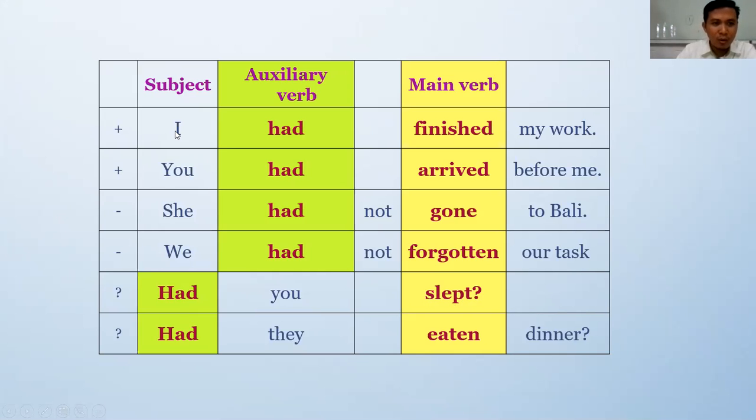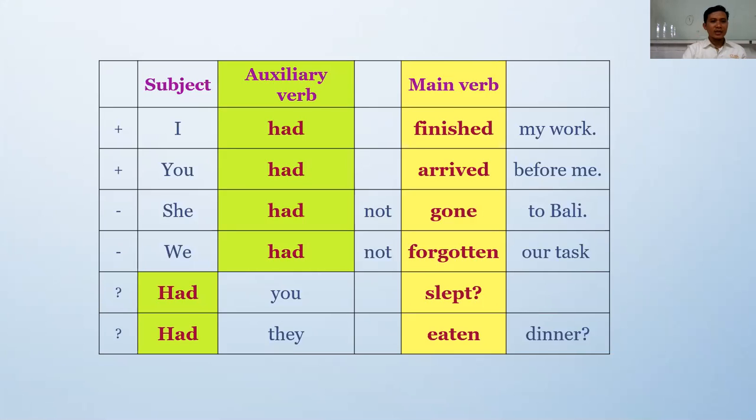No matter what kind of sentence, affirmative or positive or negative or interrogative, the verb is still verb 3. We do not change the verb. Positive, negative, and interrogative. Had you slept? Had they eaten dinner? Okay.